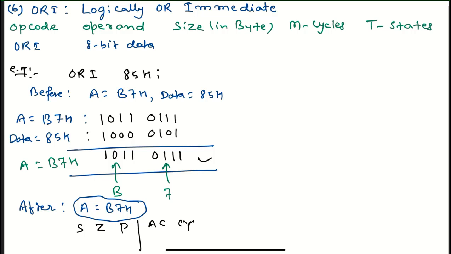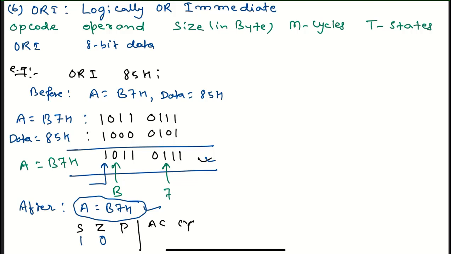The sign flag is 1, which means that the MSB of this result is 1, so the sign flag will be 1, and the result is non-zero, so the zero flag will be 0 itself.